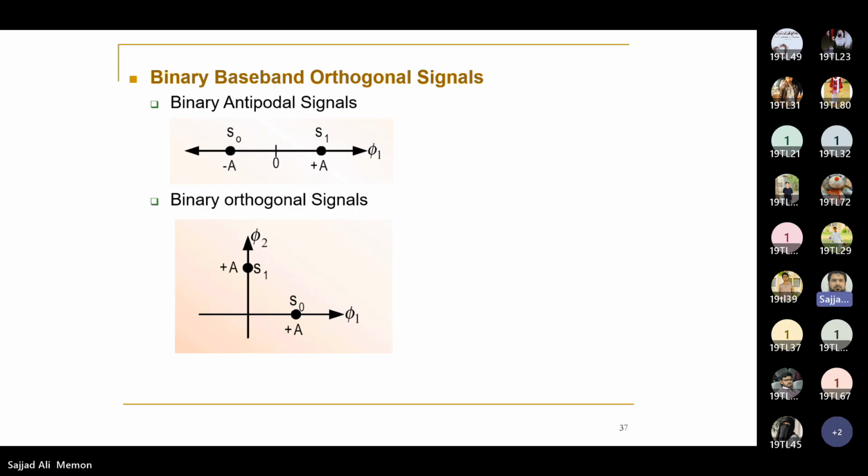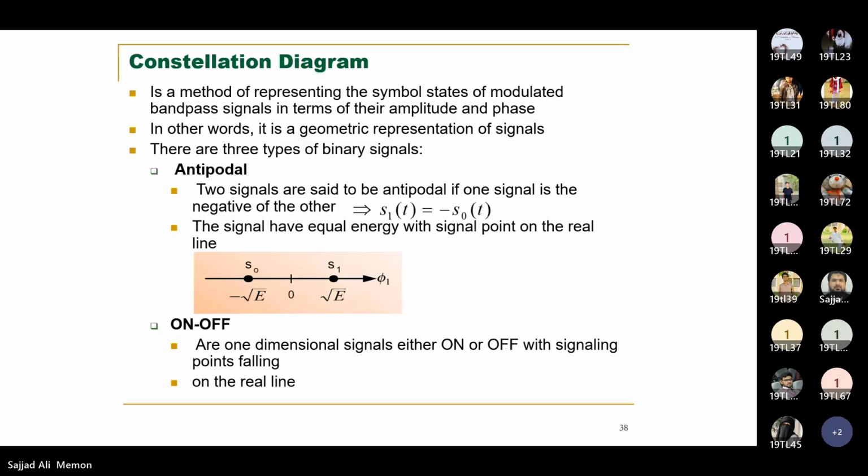Binary antipodal signals, binary orthogonal signals. Then we have the constellation diagram. Constellation diagrams are useful when we determine our digital modulation high order schemes.